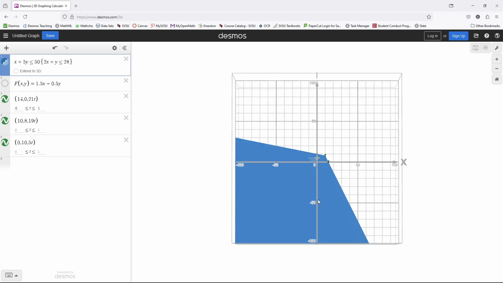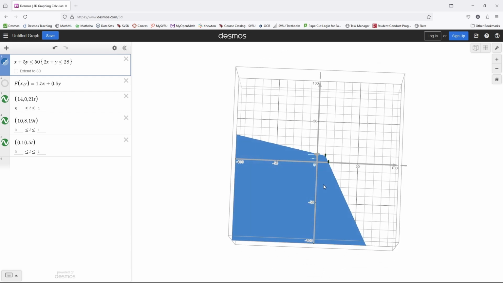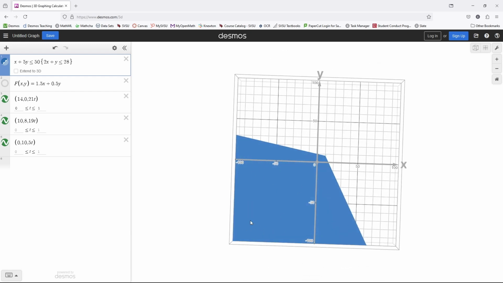So this would, without the 0, 0 constraints, these go off to negative infinity, which would mean we don't have a minimum in this case. So the only time you're guaranteed a maximum or minimum is if our feasible region is bounded. If it's not bounded, you can have one or the other or neither.